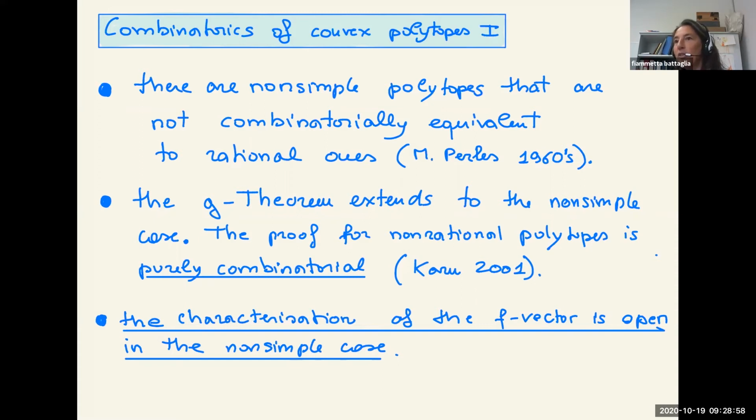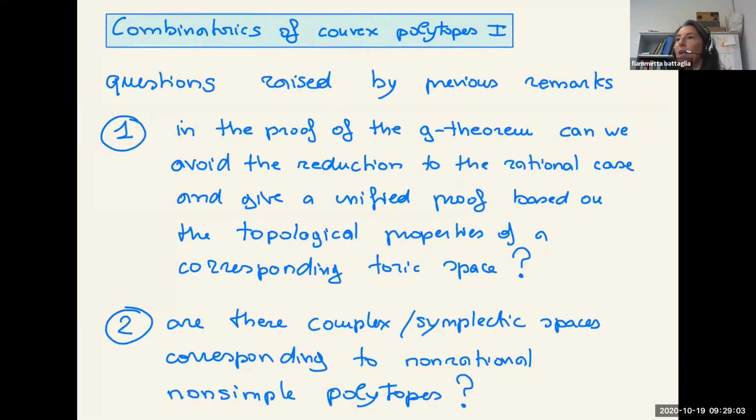So there are some questions that arise from this discussion. The first one is whether we can give a proof of the G theorem that avoids the reduction to the rational case, a proof that unifies the rational and non-rational case by considering a certain toric space.